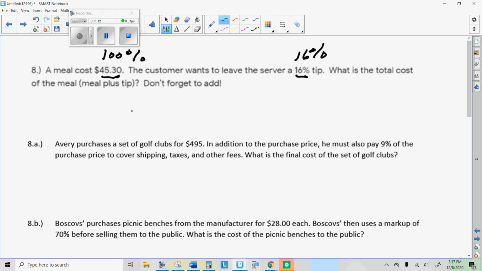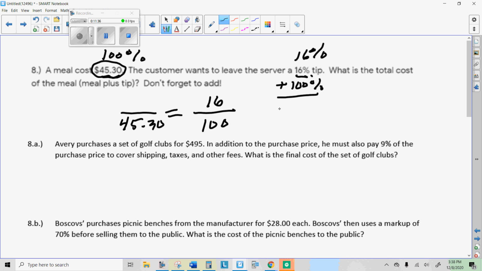Now, if you just figure out what 16% of the cost is, you're going to have to do one more step and add that onto this number to get the total cost. If you want to skip that step, which I like to do, let's just add this 16 onto our 100% of the cost of the meal and put 116 there. Okay, so we're going to take 48.50 times 116%.